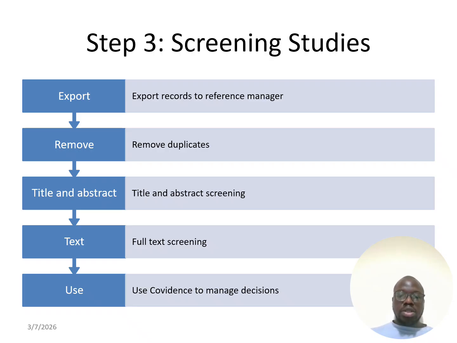And when you are done, let's say at the end of the day you started with maybe 1,000 articles. By the time you finish your first screening, title and abstract, maybe you are left with 100. Then you do full text screening, reading to be sure that it really contains what I'm looking for. Maybe you are now left with like 30 at the end.